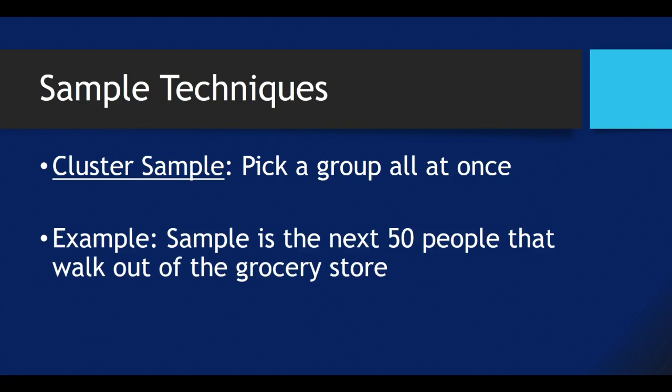So a cluster sample is when we pick a group all at once. So instead of waiting and picking every 100th person that walks out of the grocery store, I pick the next 50 people that walk out of the grocery store at some randomly determined time, or at some random time.